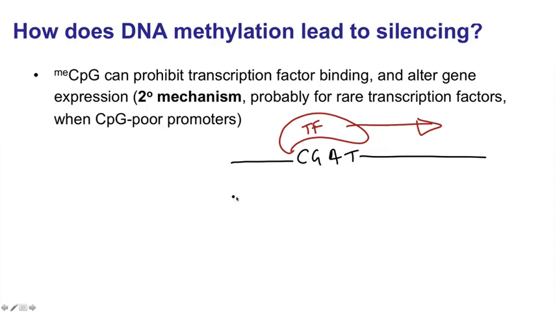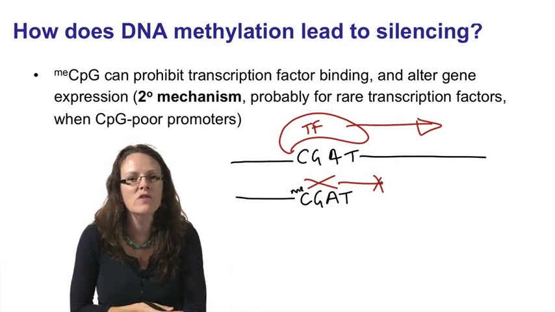However, if this particular site now has the same sequence, CGAT, but it's a methylated CGAT, this will then block the binding of that transcription factor. So just that small addition of the methyl group will not allow the transcription factor to bind, and therefore we don't have transcription ensuing.